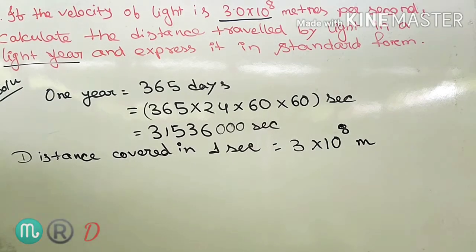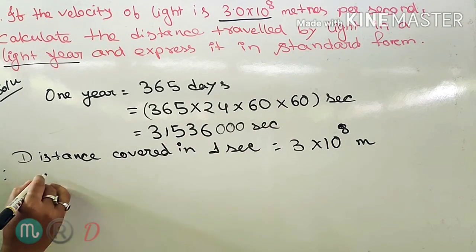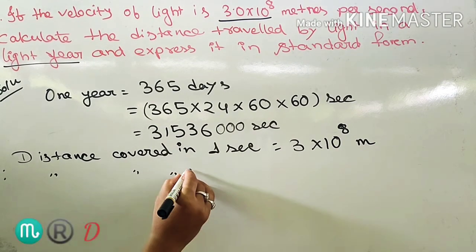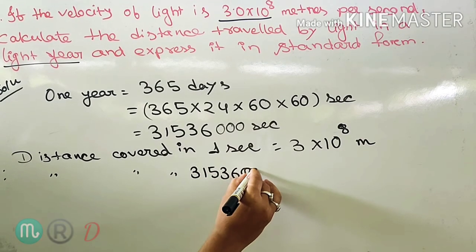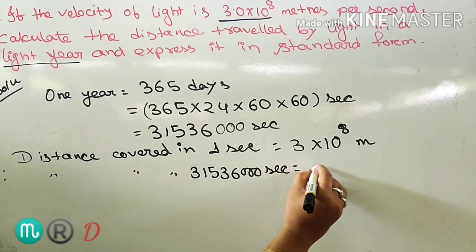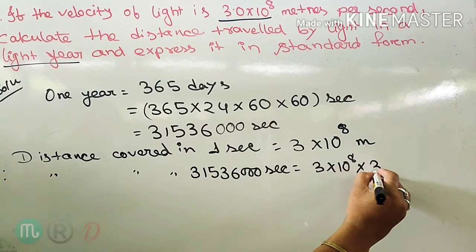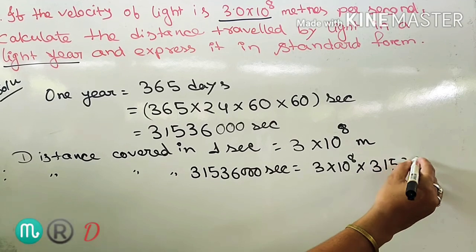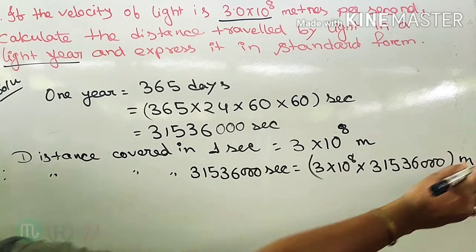This is the total distance covered in 1 second. You have to find the distance covered in this many seconds. Therefore distance covered in 31536000 seconds equal to 3 into 10 to the power 8 into 31536000 this many meters.